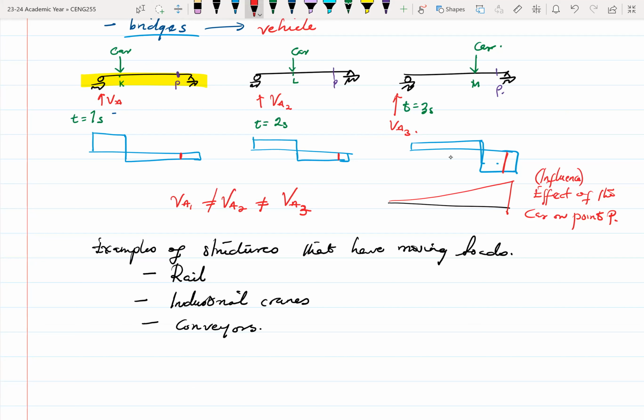All right. You would also come to see that, let's say for a bridge, right? I mean, most of us have used the Accra Tema motorway several times. You would realize that we don't have one type of vehicle on the roadway, right?